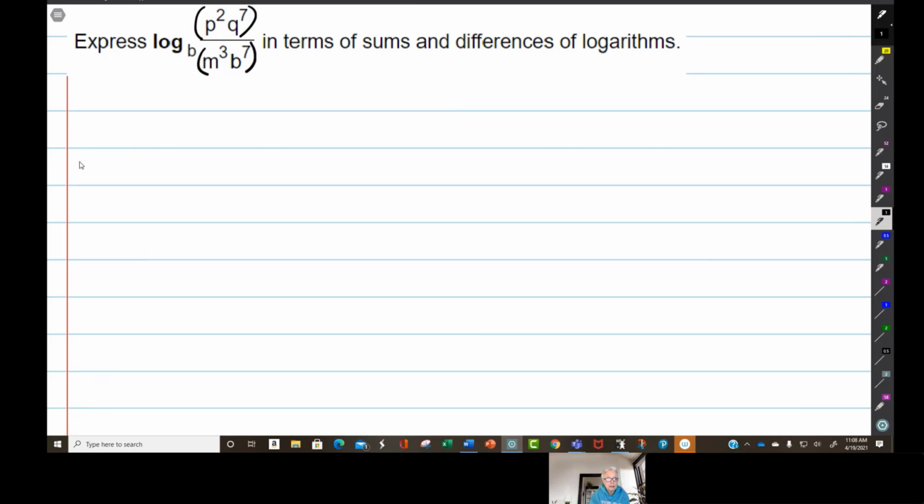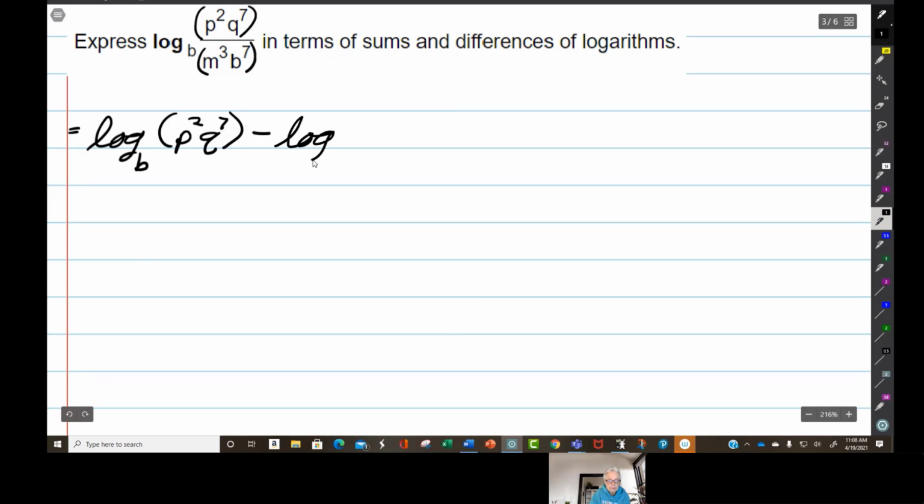My first step is going to be to write this as log base b of p squared q to the 7th minus log base b of m to the 3rd b to the 7th.